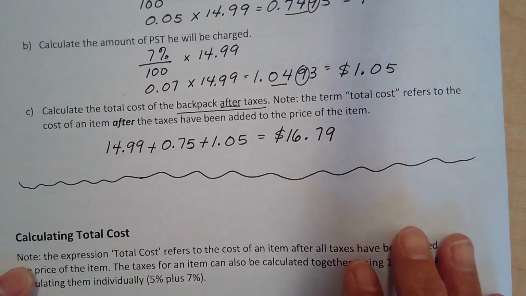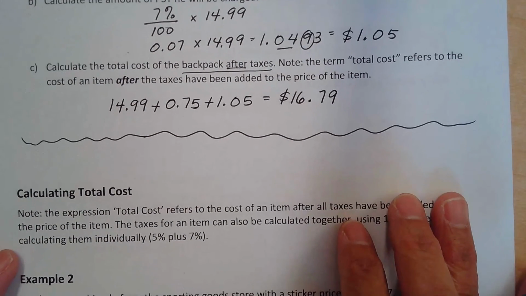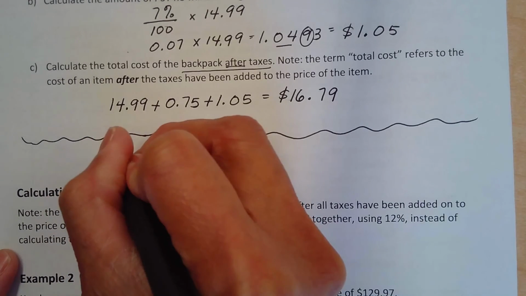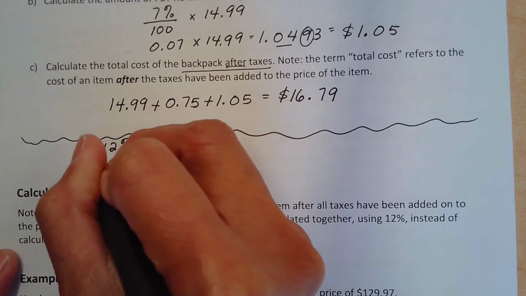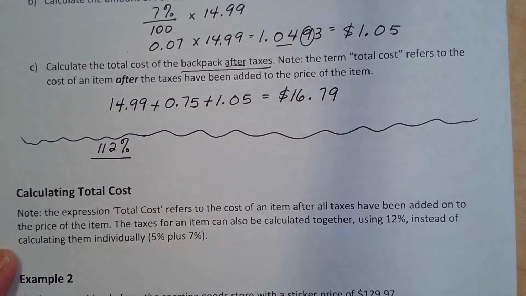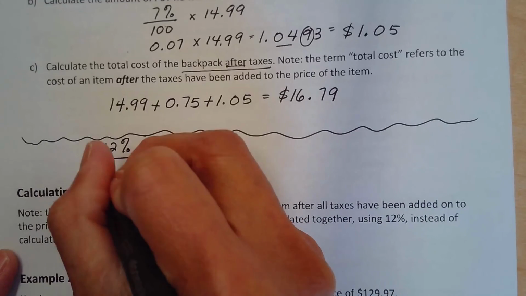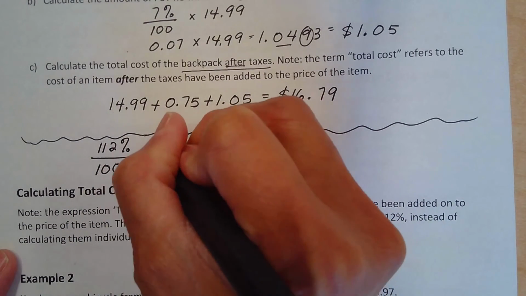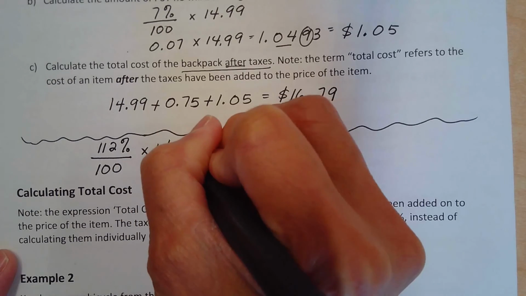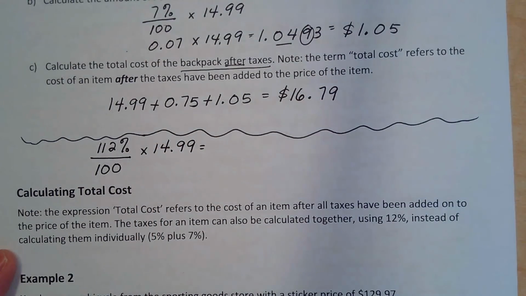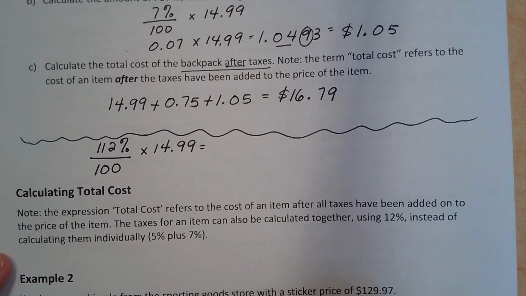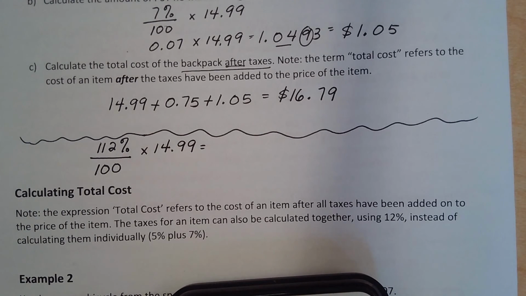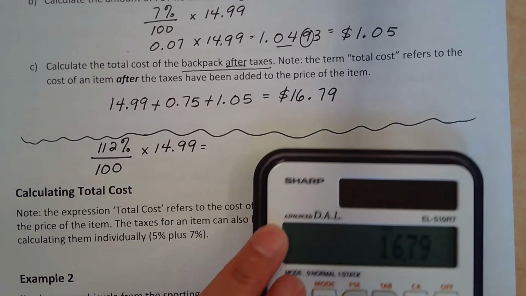So here's a possibility. We're paying 112% on anything that we buy, in this case a backpack. So 112 divided by 100 times $14.99.